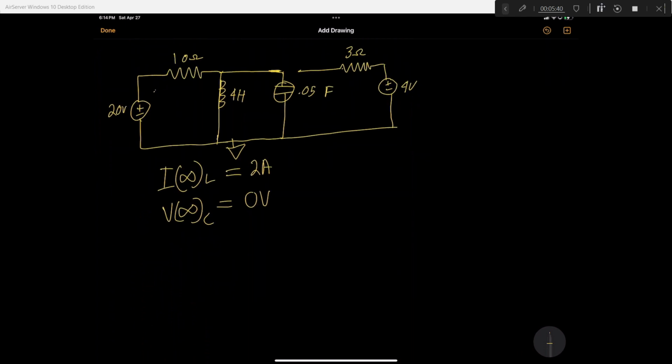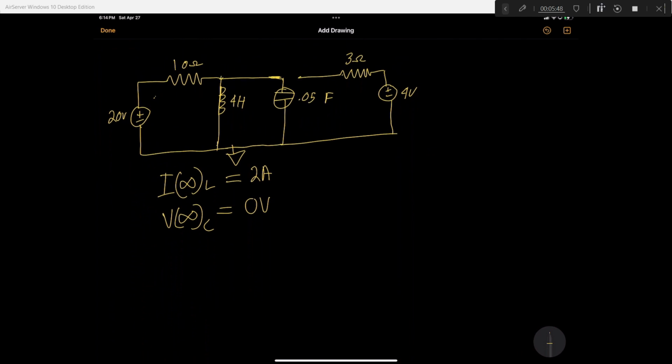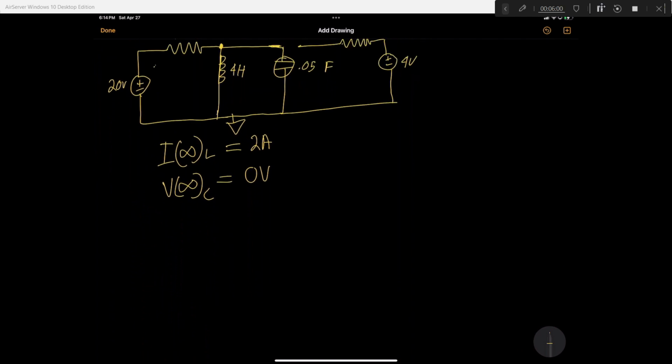Since this is an inductor and a capacitor in parallel, there's a proof to do it. You could do a KCL at this node and plug in what an inductor, a capacitor and a resistor are equal to for I, find your values that way, and set it up as a differential equation.